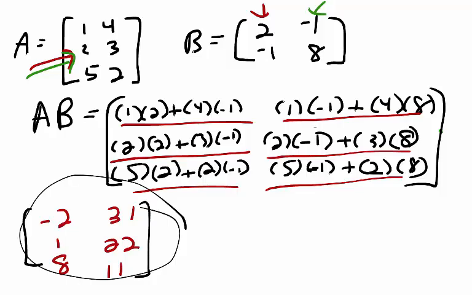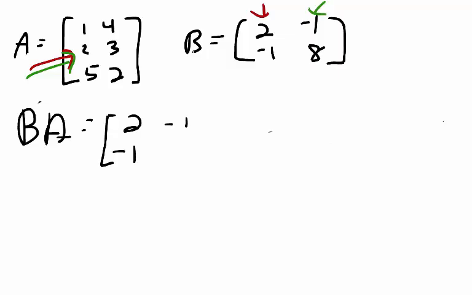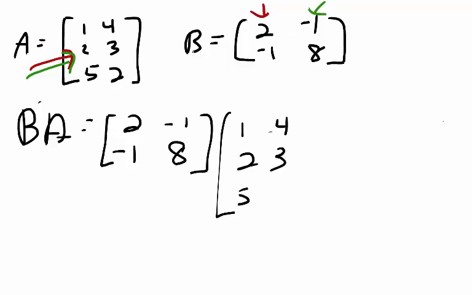Next, I'd like to use the same two matrices, and this time, I'd like to find the product B times A. So that means we have 2, -1, -1, 8 for our entries in matrix B, multiplied by the entries in matrix A, which are 1, 4, 2, 3, and 5, 2.